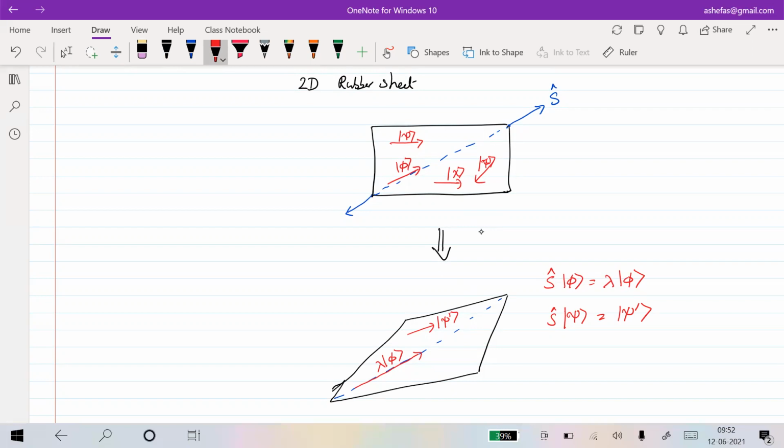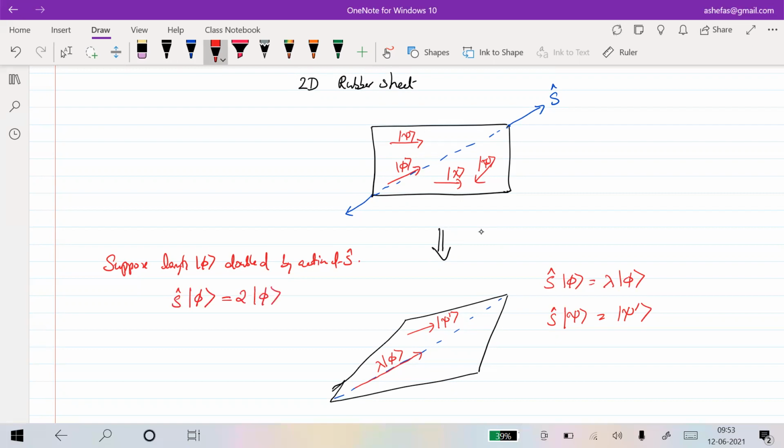Suppose the length of the vector phi is doubled by the action of S. Then we can write operator S acting on phi equals 2 times vector phi.